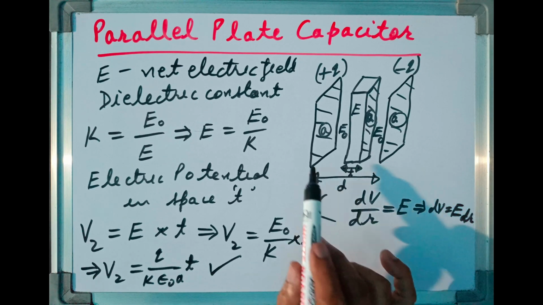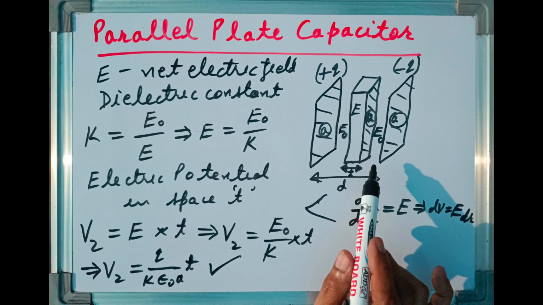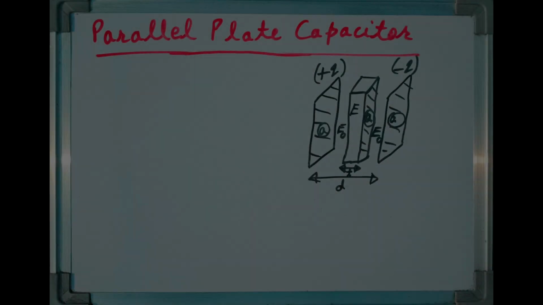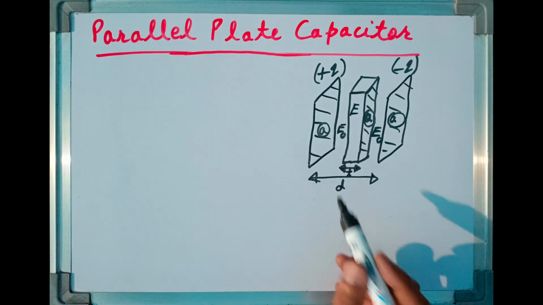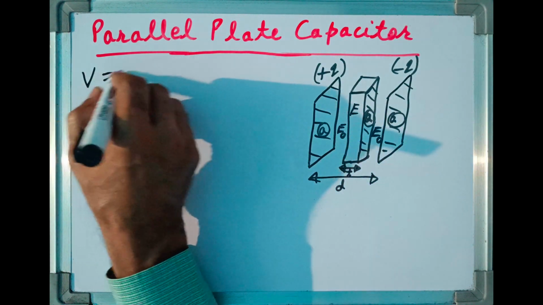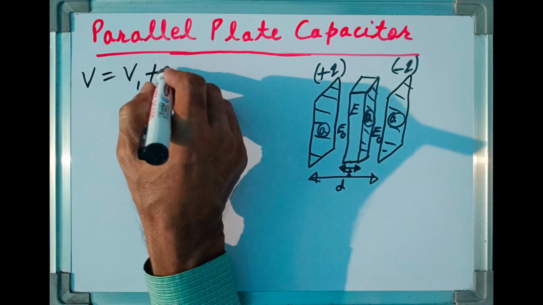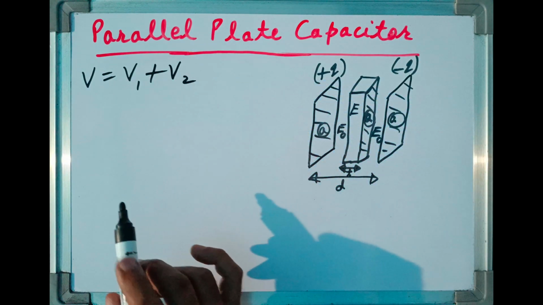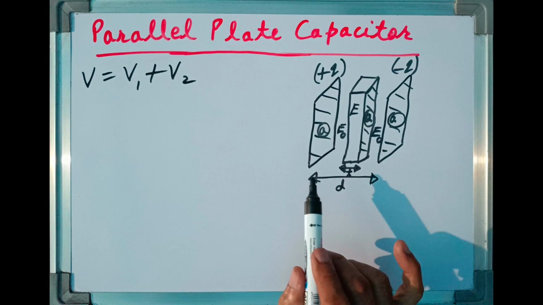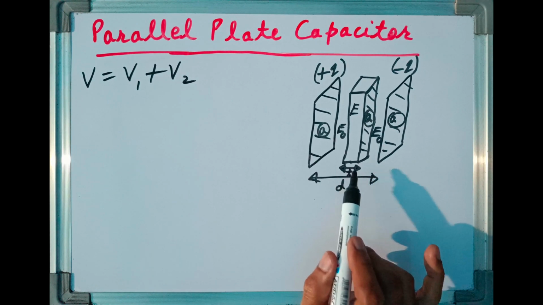So total potential between the two plates will be sum of V1 and V2. Total potential between two plates of capacitor V is equal to V1 plus V2, where V1 is potential in the space d minus t, V2 is potential within the space t.